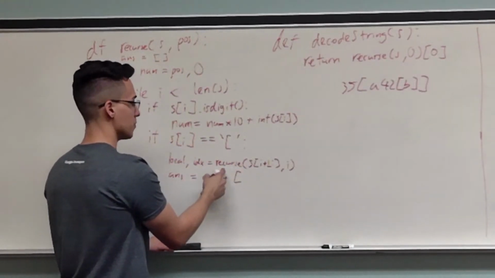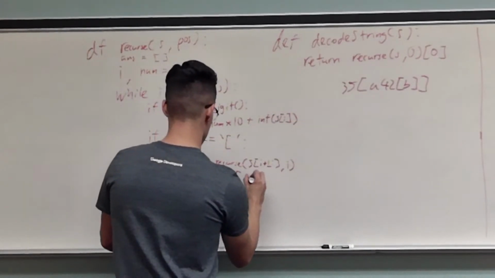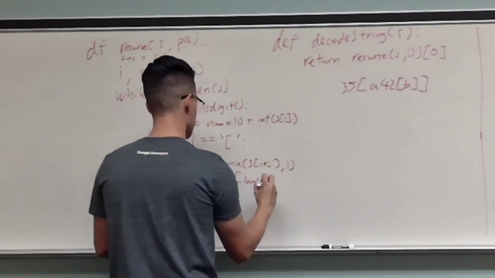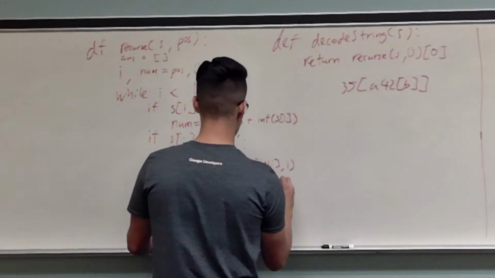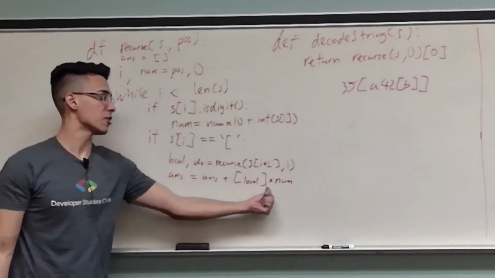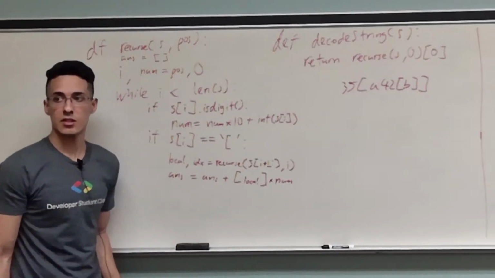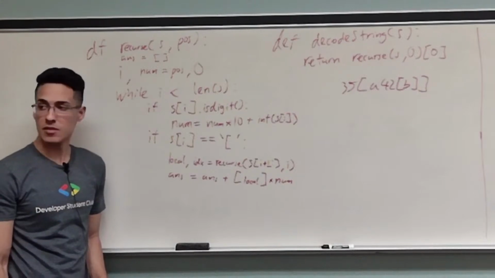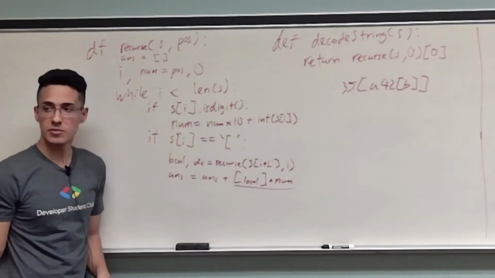actually you will return what's inside, which is local times num. Okay. Do you get this part right here? This one right there.